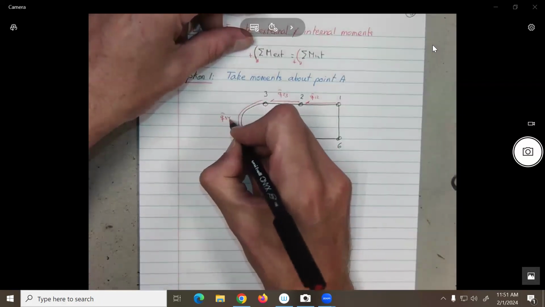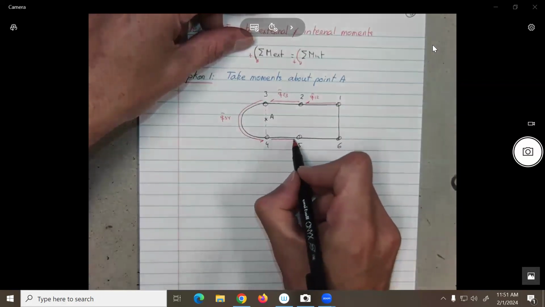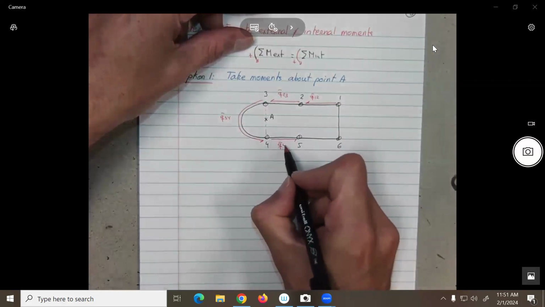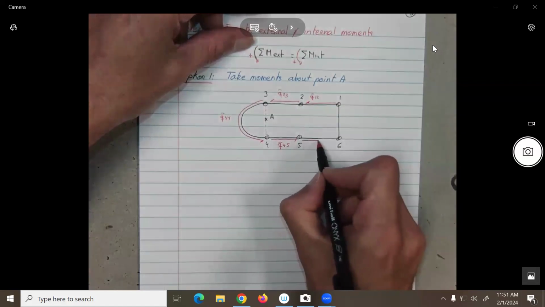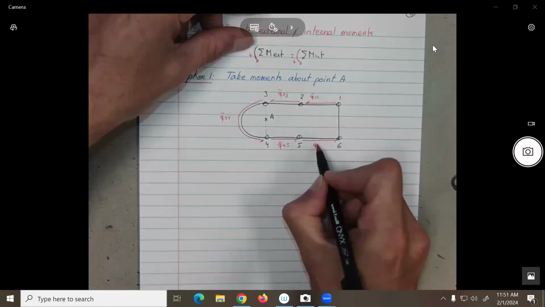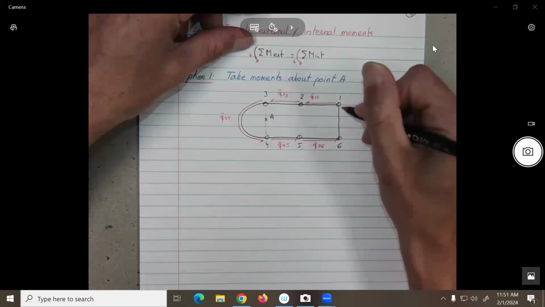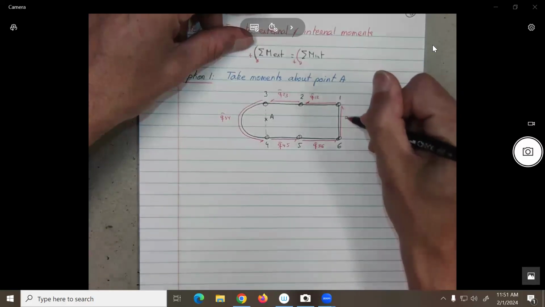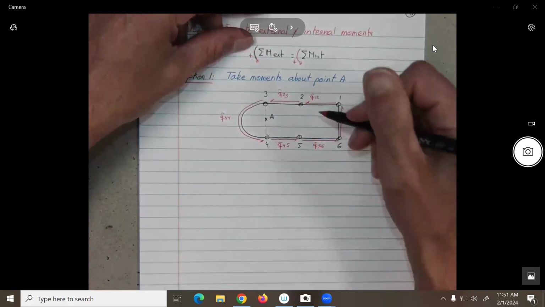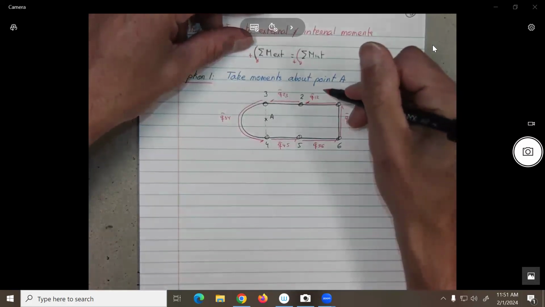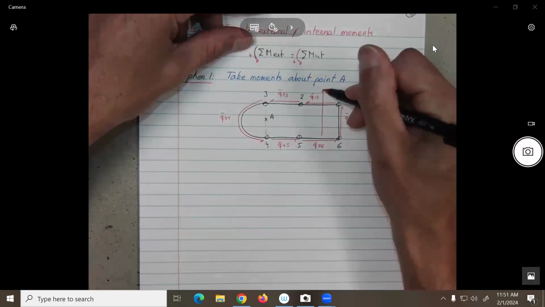Q bar 3,4. Q bar 4,5. Q bar 5,6. Q bar 6,1.